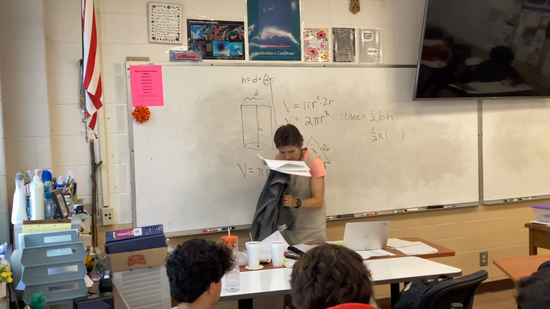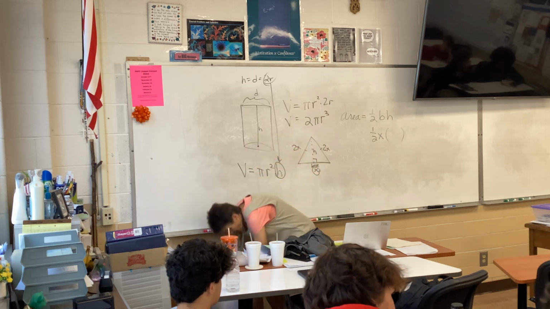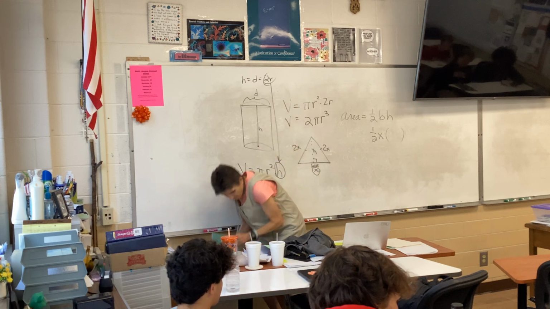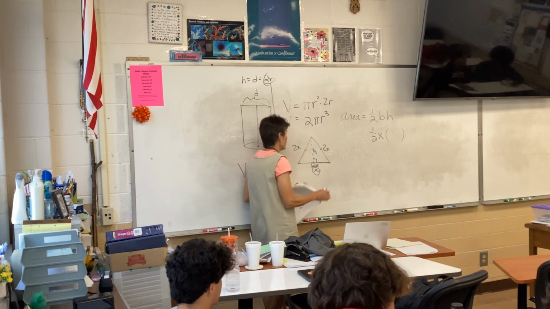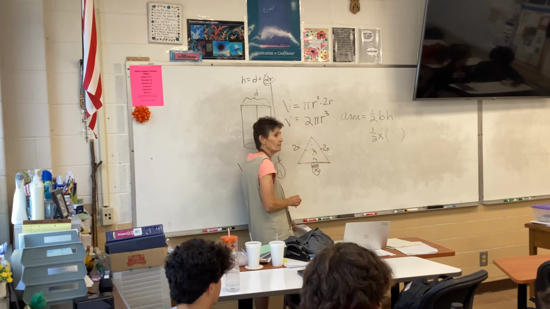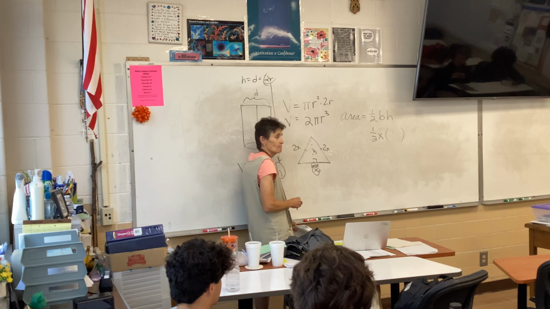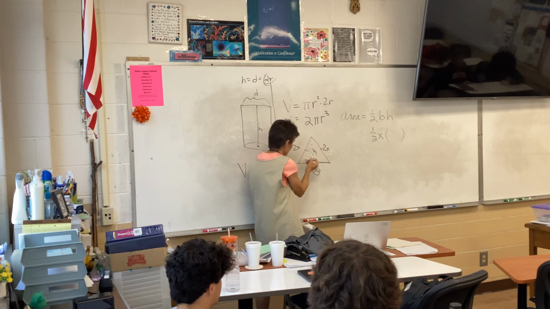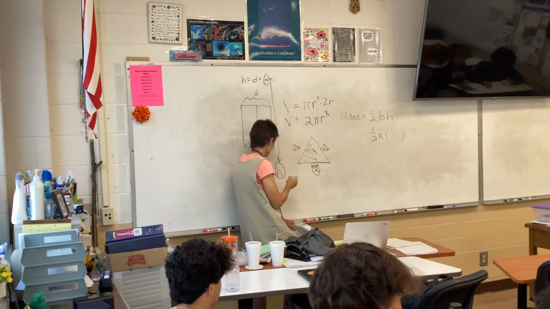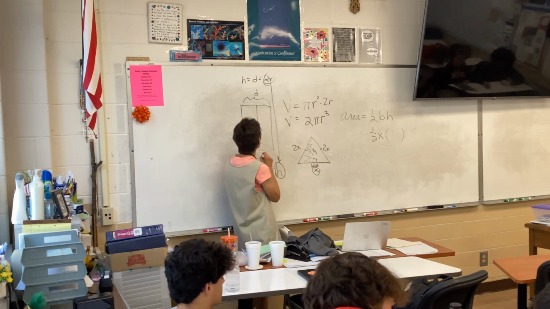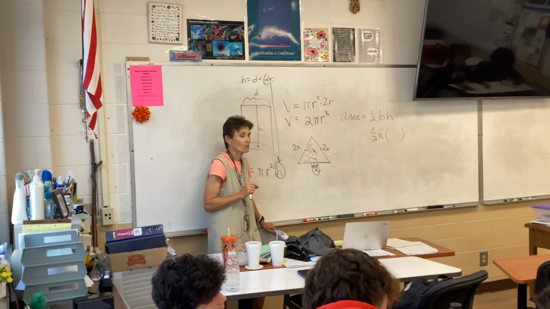So, help me out here. How am I gonna find my height? Anybody have a thought? What kind of triangle is this right here? Right triangle. And what do we know about every right triangle?